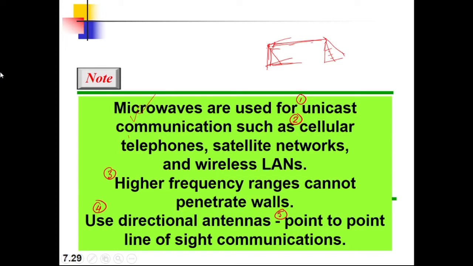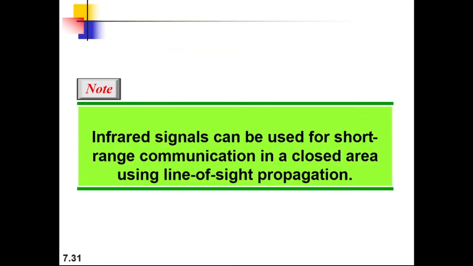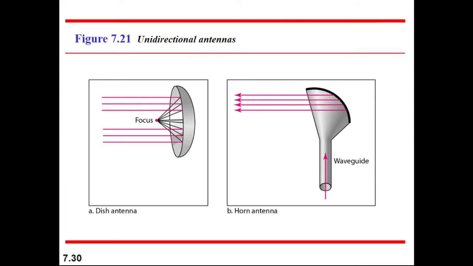So what type of antennas can we use here? That is the directional antenna. Here we have the dish antenna and the horn antenna. This is the focus line.